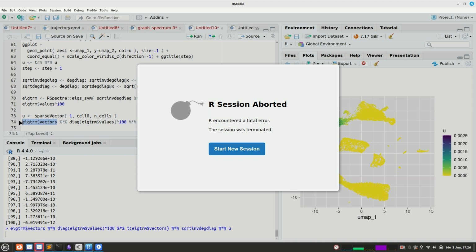So this is the unit vector which has a 1 only at cell I and 0 everywhere else. And we do the same with the other one, lambda to the n, U transpose, D to the minus 1/2, e_j, for n steps. And we call this the diffusion distance.